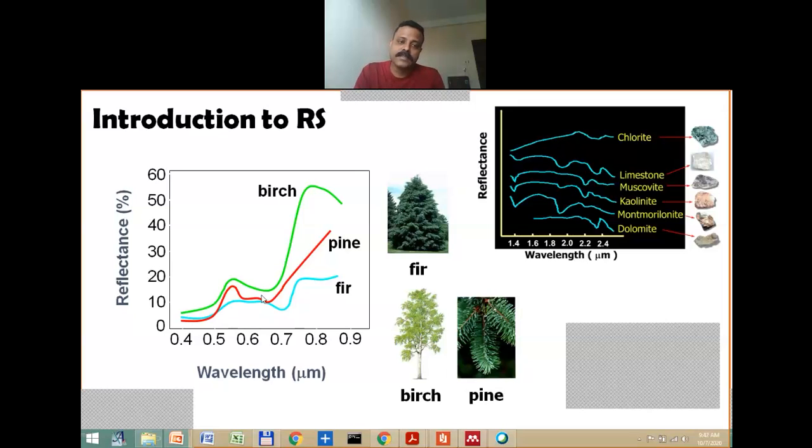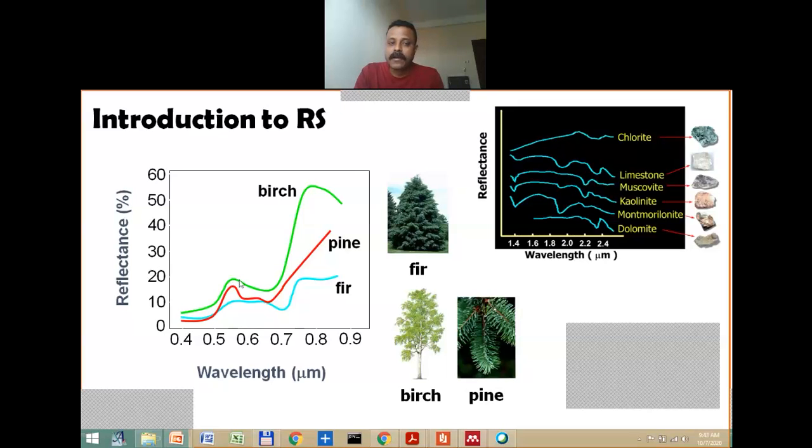In this case, this green line is the spectrum for the birch leaf. In the blue range it is low. If you keep going, it increases, and in the green range it achieves a peak.